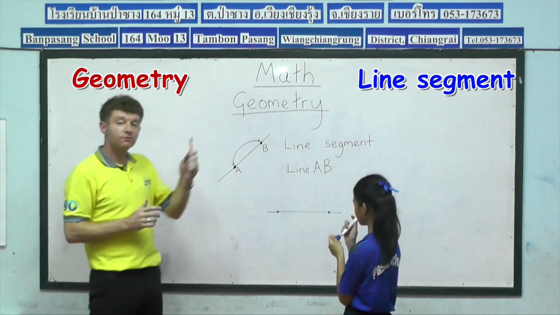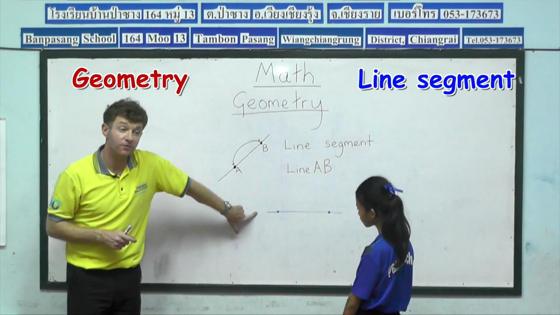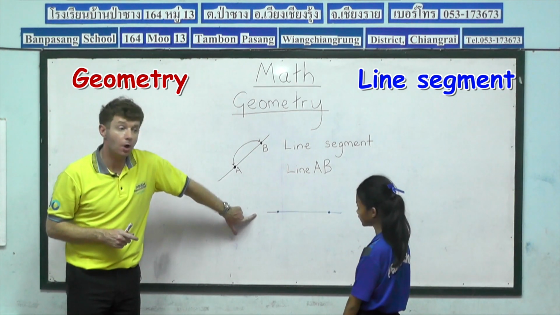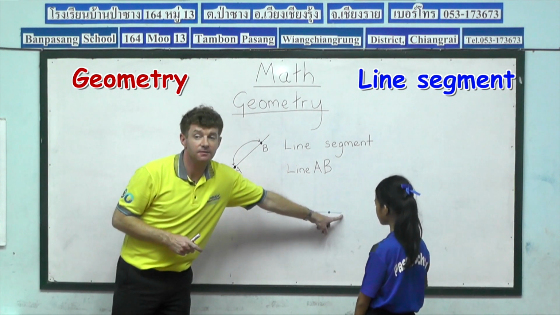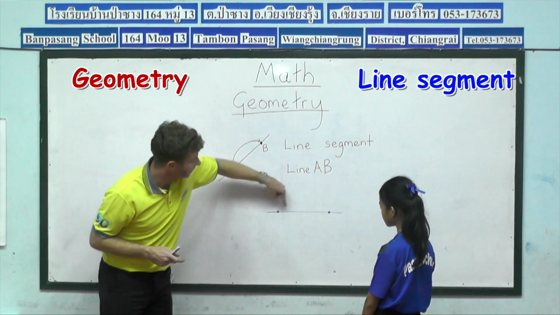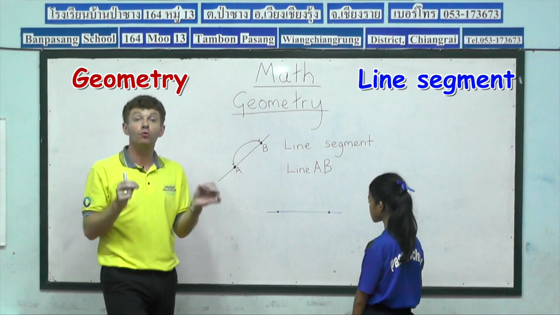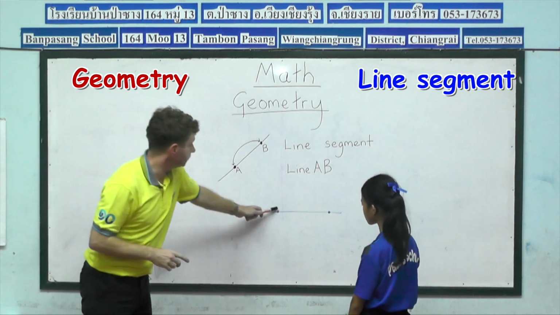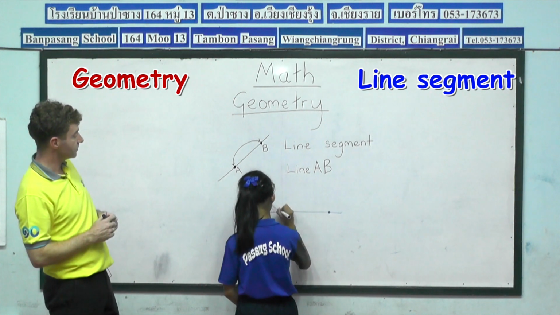Excellent. So now, guys, is the line segment to the left of the point here? No. Is the line segment to the right of the point here? No. Correct. The line segment is the part of the line that's between 2 points. So can you draw your arc Dan to signify the line segment?